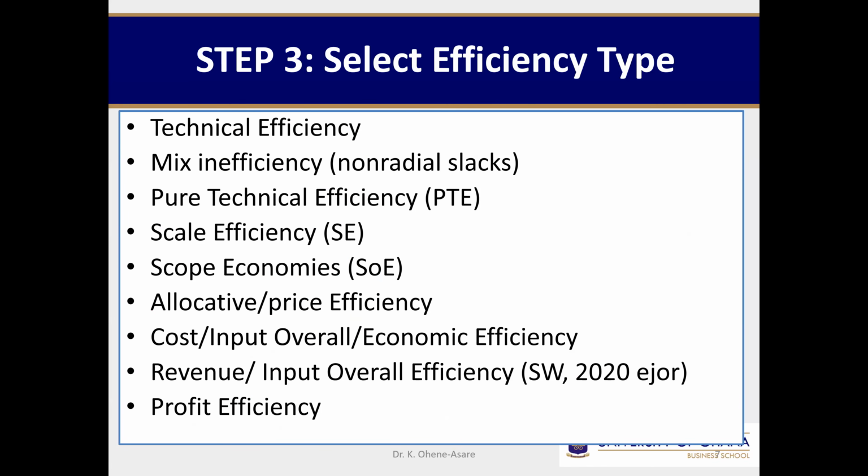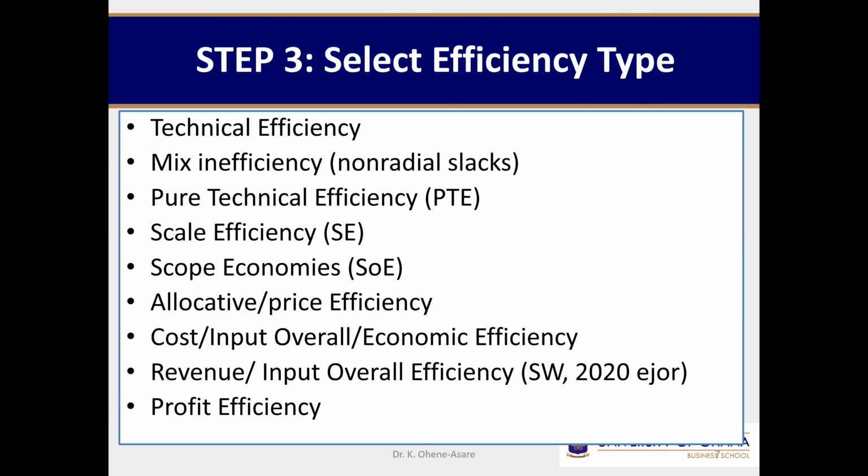Now, step 3. What is step 3? Step 3 in efficiency and productivity analysis is to identify what aspect of efficiency or what aspect of productivity change you are dealing with.